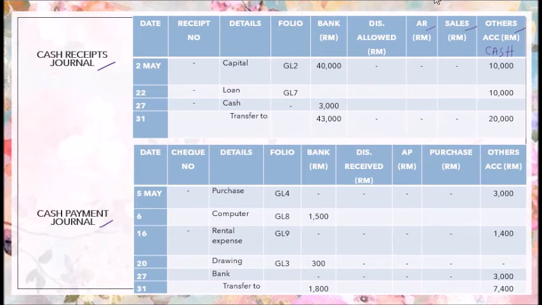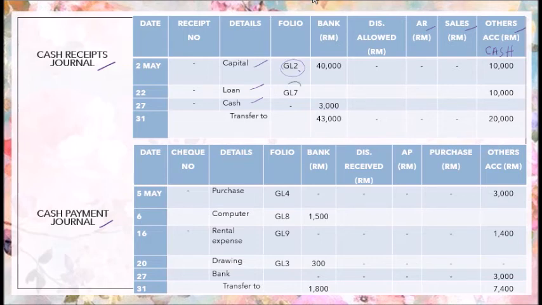Okay. You can see that untuk Mei 2, 22 dengan 27, semua transaction ni pakai cash. Okay. So, direkod dalam journal ni lah. And capital akan masuk general ledger 2. Sebab ada open before ni, dalam general ledger dah ada. General journal.